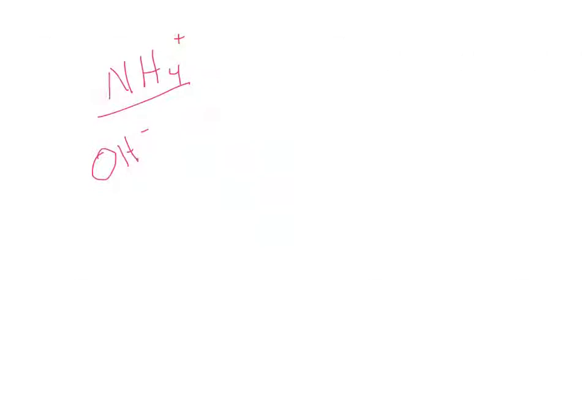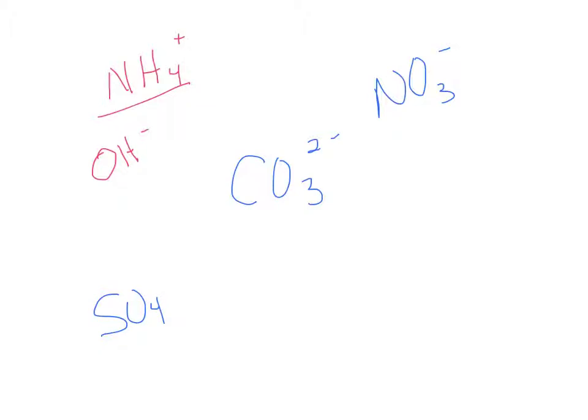Any of these that we're writing up here that we have to memorize are all covalently bonded molecules. And if you remember, these are also polyatomic ions, and the covalent bonding is so strong, they will not break apart, whereas the ionic bond will break apart.